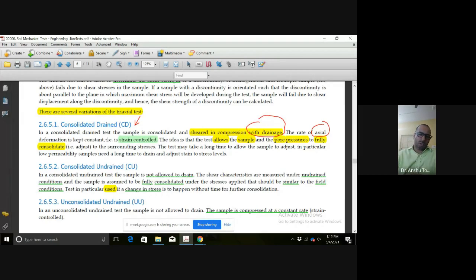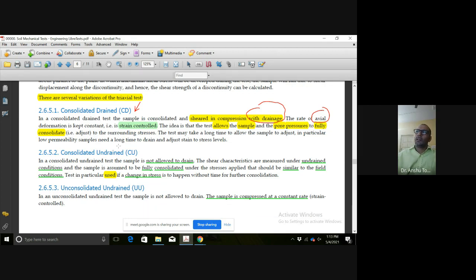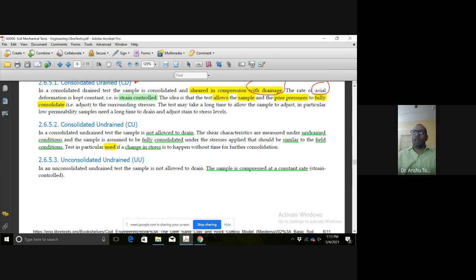This is the closest approximation of the field condition, where we have got constant stress from the sides and a vertical stress is being applied from the upside. It is used for the change in stress for further consolidation.